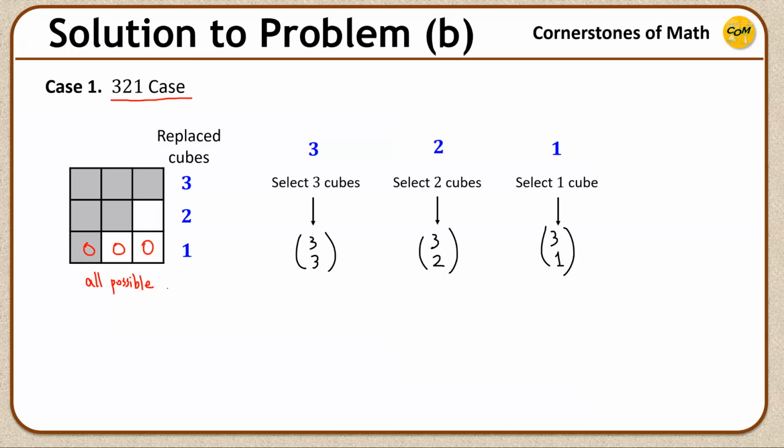Notice that there are no such forbidden positions, because one row having all 3 cubes replaced automatically guarantees the valid front view. And then we arrange these 3 different rows, hence 3 factorial. So if we multiply all of these, we obtain 54.